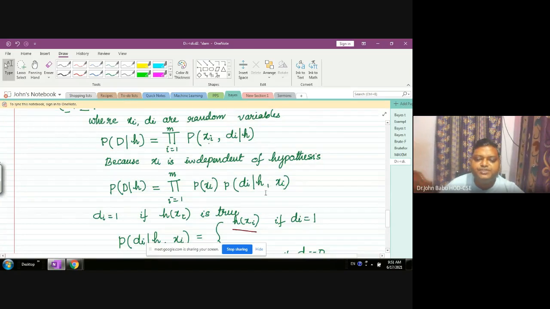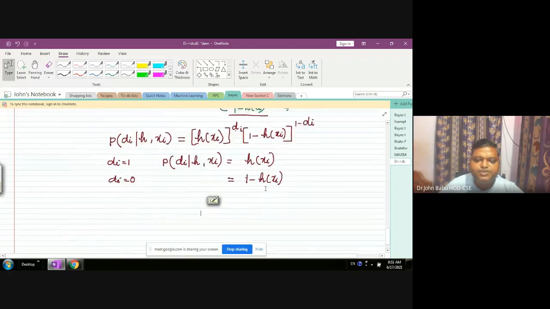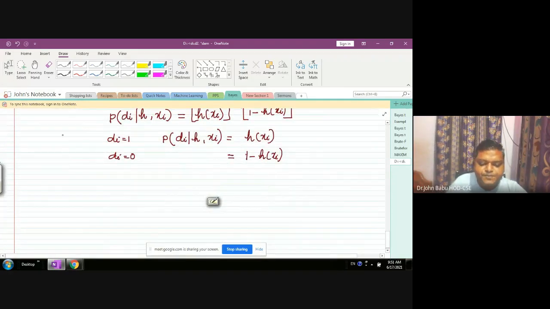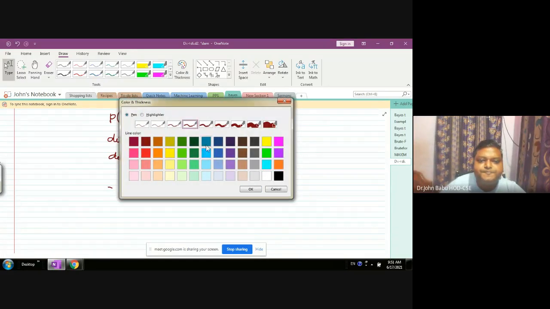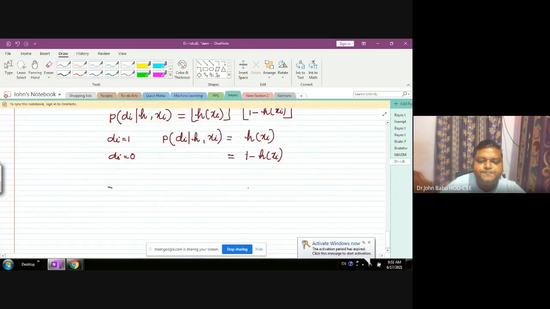Now substitute in this equation, and because the probability of xi will drop it. What is the equation we got?